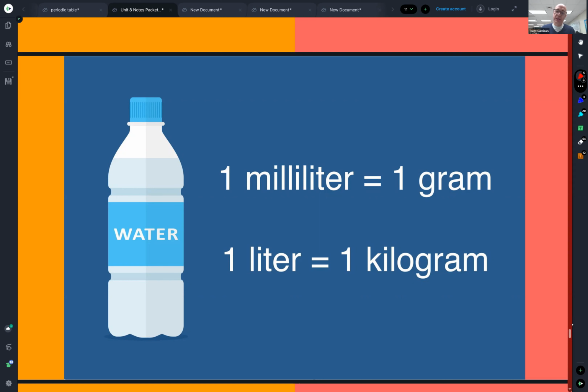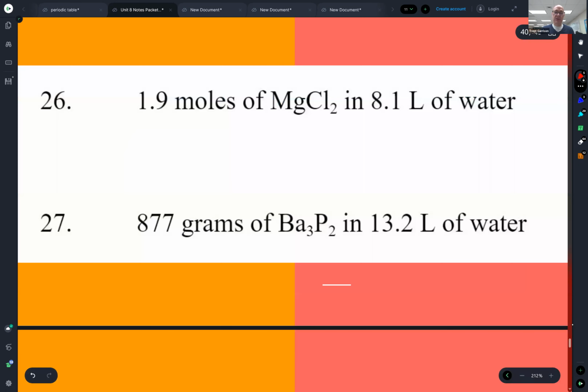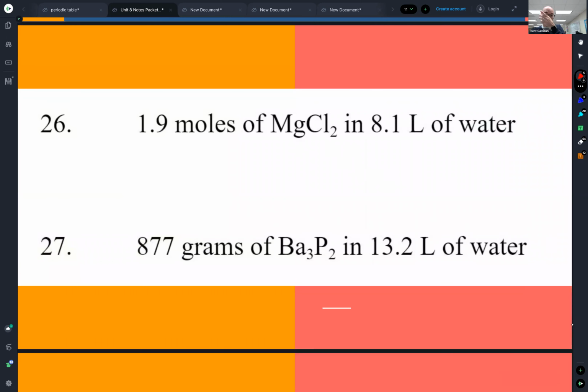And if I had 1 liter, it would be 1 kilogram of water. Then what we can do is convert those into moles later on if we needed to, but we need to understand that ratio right there. So that's what they've given to us in this problem. But we want to turn these into mass percents.